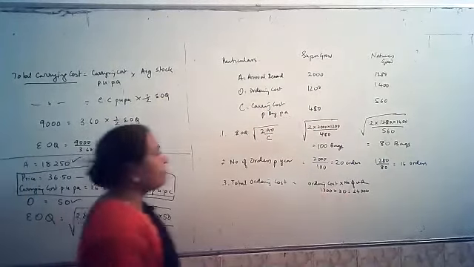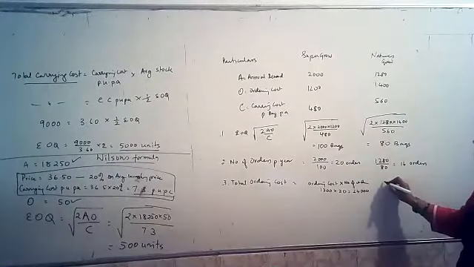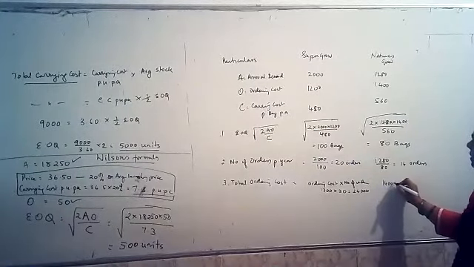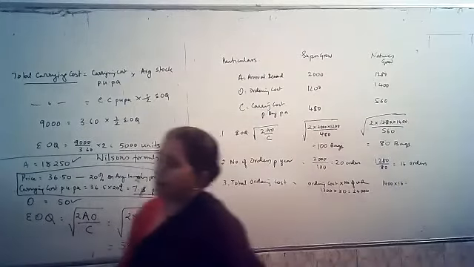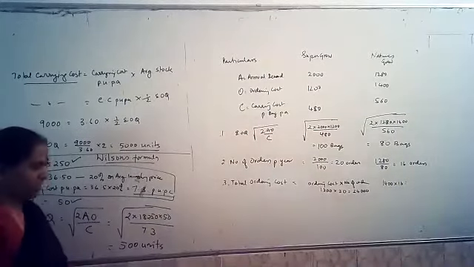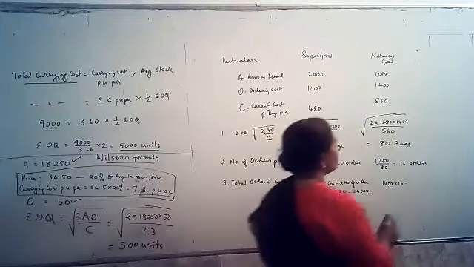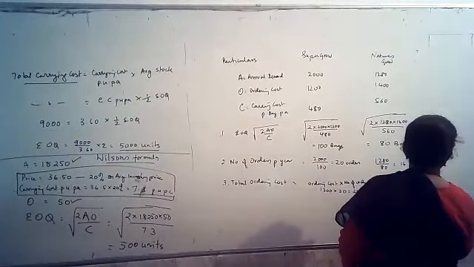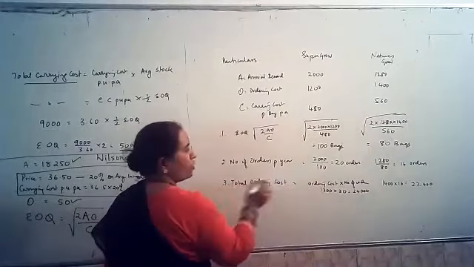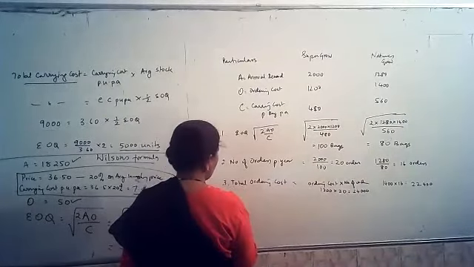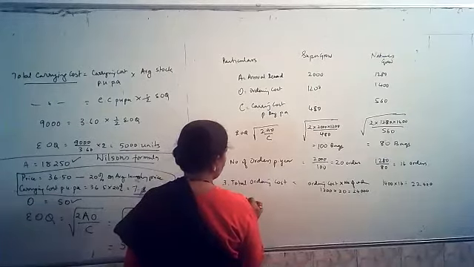Whereas in case of Nature's Grow, it is 1,400 multiplied by 16 orders. So 1,400 multiplied by 16 will give me 22,400. This is the total ordering cost. So I know one of them I have found out for the associated cost. What about the second one? The fourth item in this case, total carrying cost.